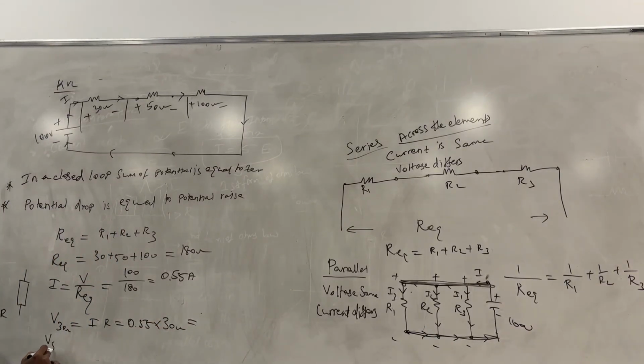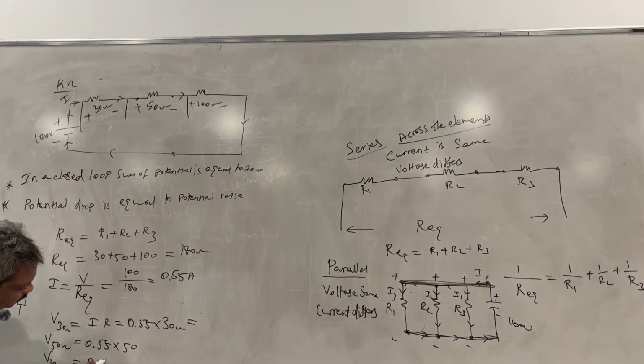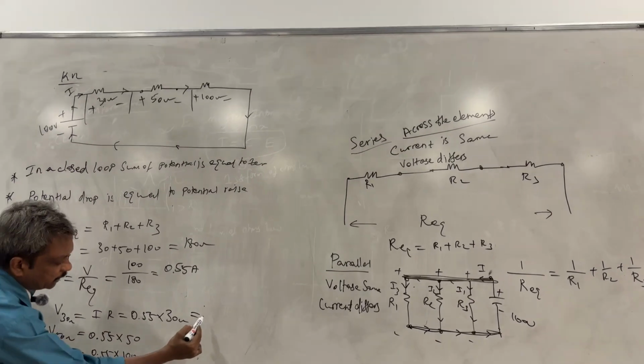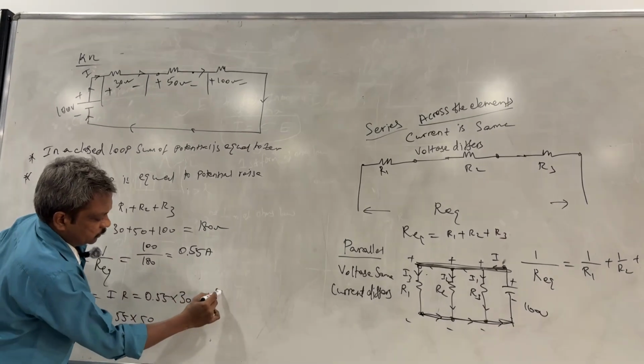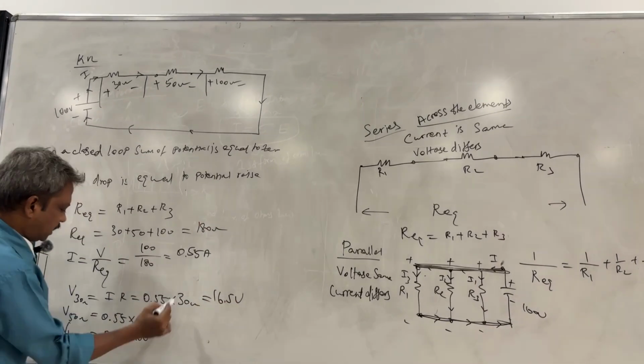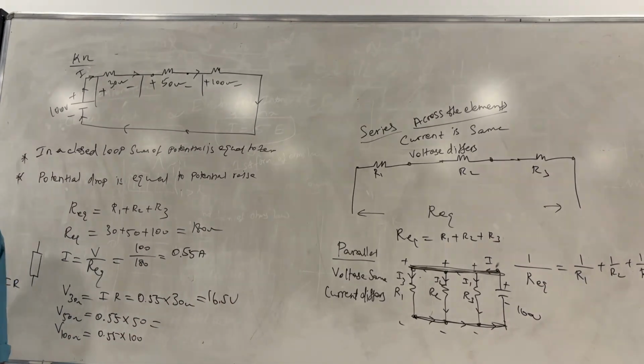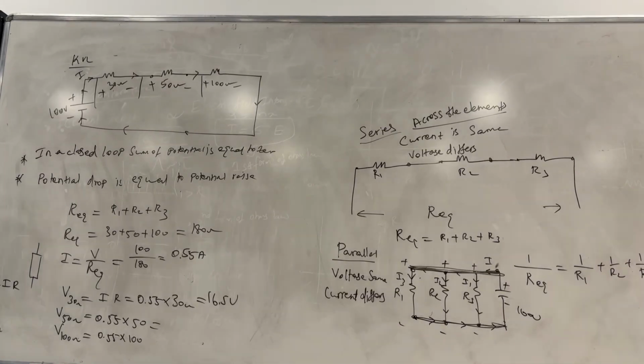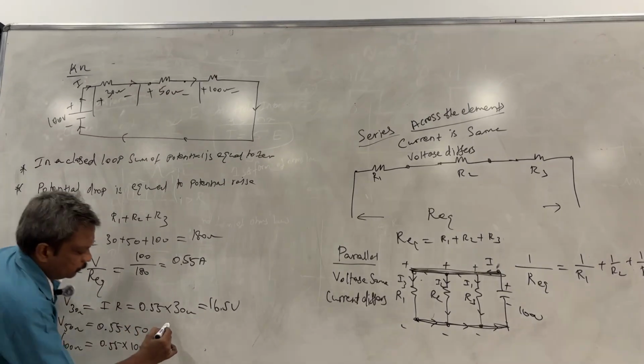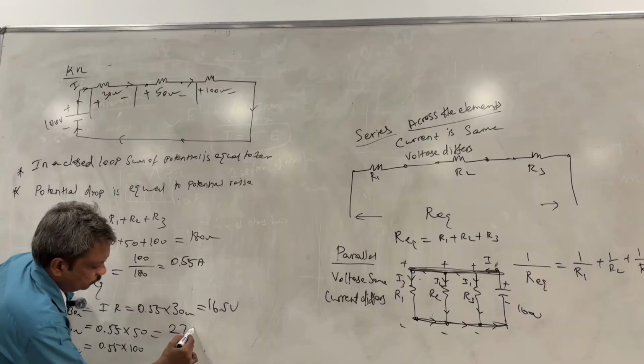And what about V50? 0.55 into 50. V100: 0.55 into 100. 16.5 volt. What about this? 27.5 volt.